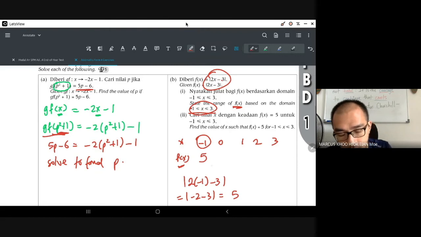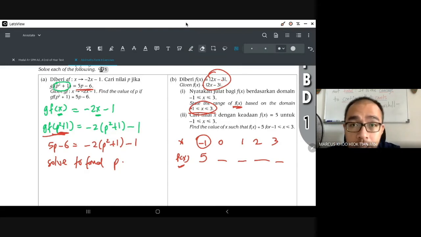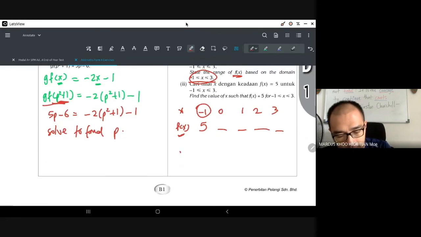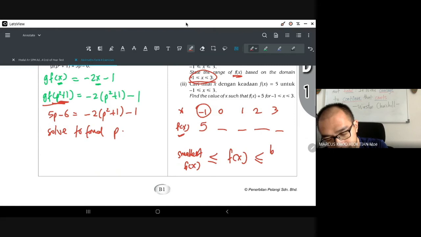And then you finish everything, 1, 2, 3, 4. Once you finish everything, if you want to know the range, the range is the smallest number to the biggest number. So I'm going to give you the sample answer. The smallest f(x) less than f(x) less than the biggest f(x).